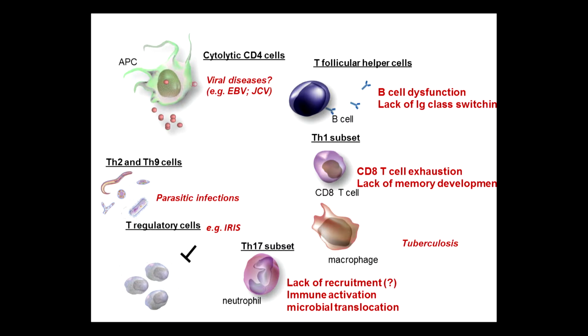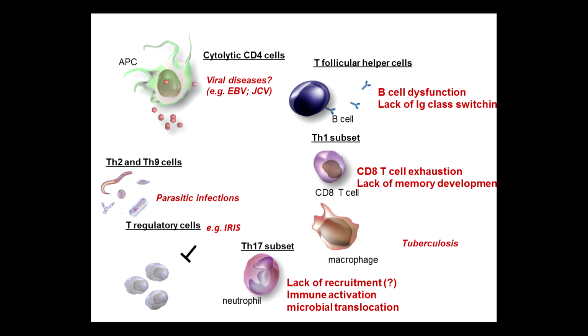For the Th1 subset, we are seeing CD8 T cell exhaustion and a lack of memory development. It might also be that they play a role in the exacerbation of tuberculosis in HIV infection, because the phagolysosome activation of the tuberculosis bacteria in the macrophages is extremely important for the control of tuberculosis. For the Th17 subsets, the lack of Th17 cells has been implicated in immune activation and microbial translocation.